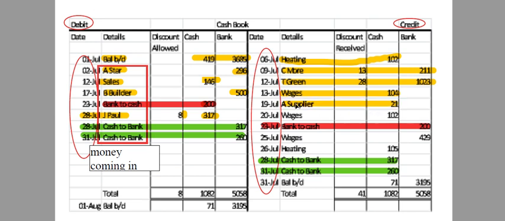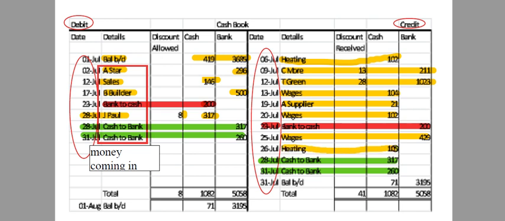So we keep on highlighting these normal transactions. These are all payments, and they are paid by cash. And then on 25th we again paid wages, but this time we paid them by check, and we paid for heating again, and this time we paid this heating in cash again.